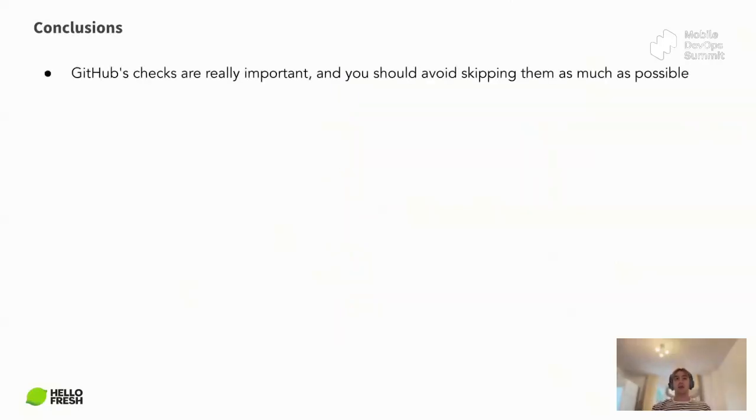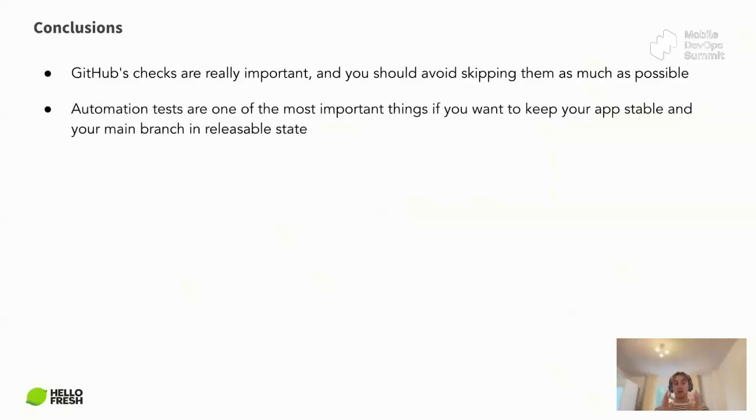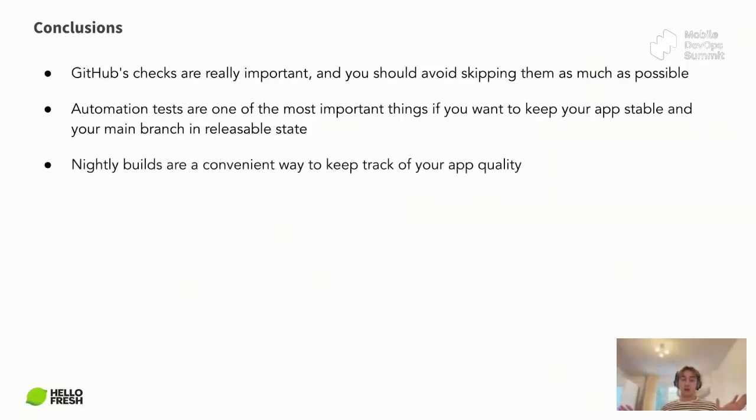So some conclusions. GitHub checks are really important and you should avoid skipping them as much as possible. Second conclusion: automation tests are one of the most important things if you want to keep your app stable and your main branch in a reusable state during the whole process. Nightly builds are a convenient way to keep track of your app quality because the CI is free.